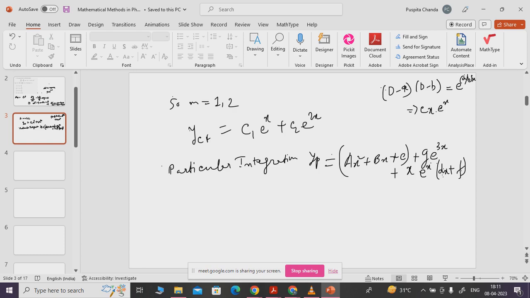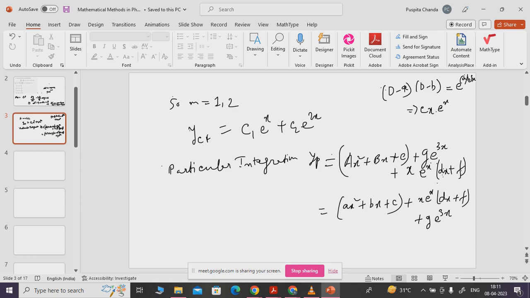So here there will be x square e to the power x with some coefficient, and only x into e to the power x with some coefficient. So we write that as a x square plus bx plus c, plus x e to the power x (dx plus f), plus g e to the power 3x.